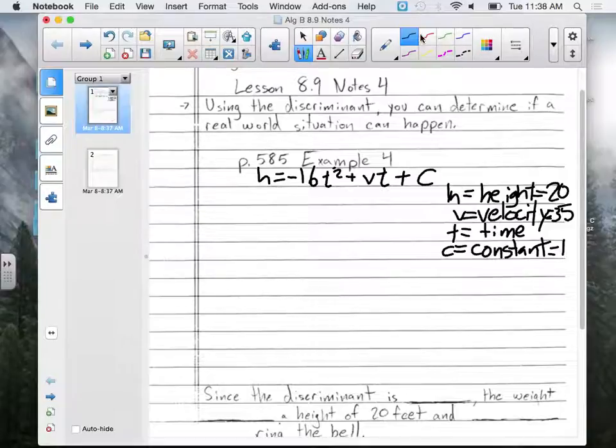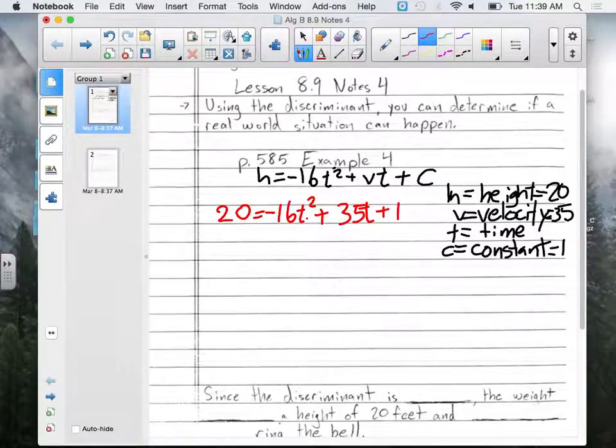Okay, so what would this equation look like if we plug in all these numbers? 20 equals negative 16 t squared plus 35 t plus 1. Does everyone agree with this? Would you have to leave the t after the 35? Yep, that's exactly right.